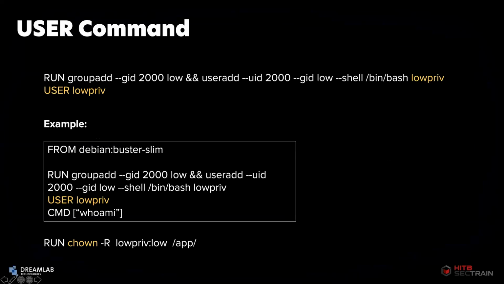Normally, you will also need to change the permissions on your application inside the container. This will be the most common case. I mean, if you create a user for running the processes of your application inside the container, you need to grant the permissions to the low-privileged user. So it's very common to find this RUN statement to change the ownership of a directory.